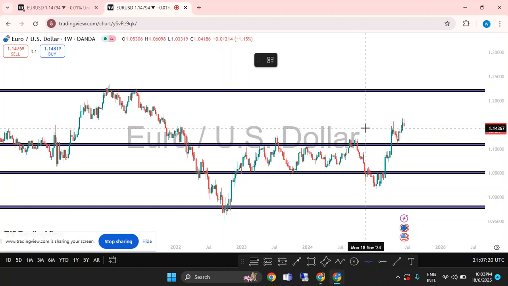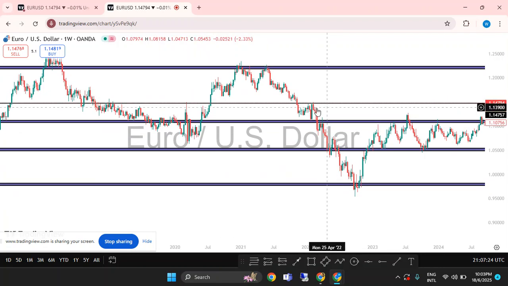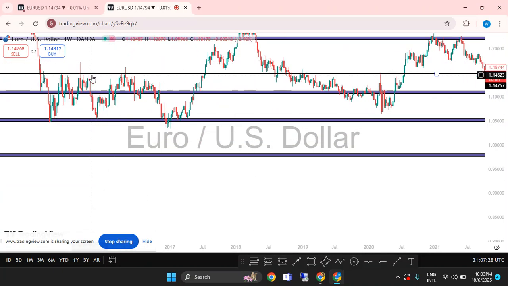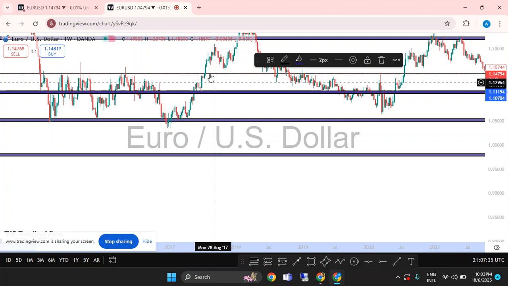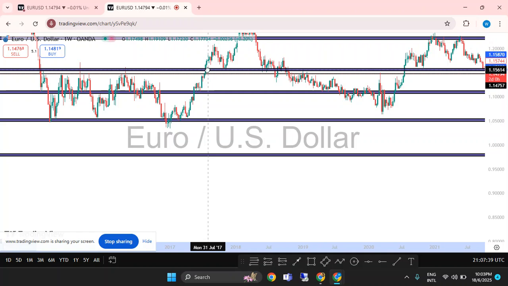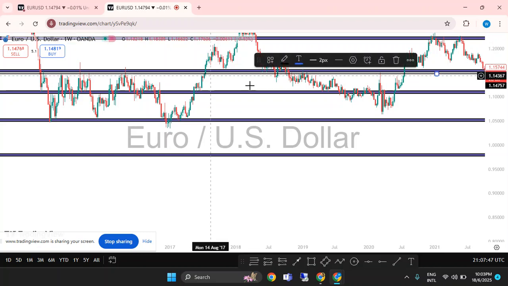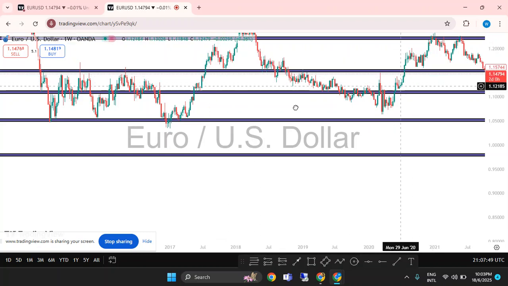What I use it for, as you can see, is I trace it back. Okay, see, respected here, respected here, respected here, respected here. So I won't use this as my support and resistance. No, I will just click on this, clone this, and place it on top of my zone. As you can see, just delete this.